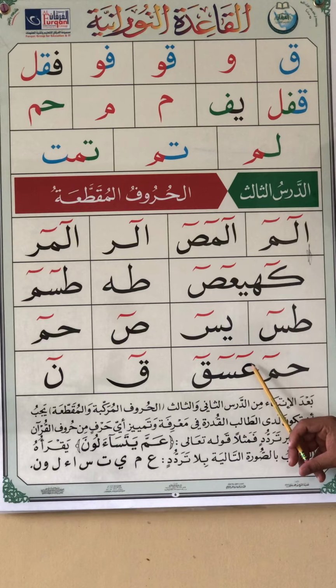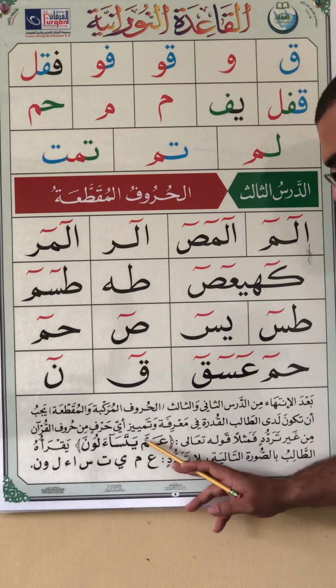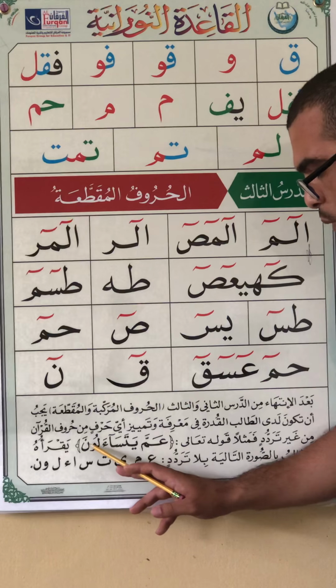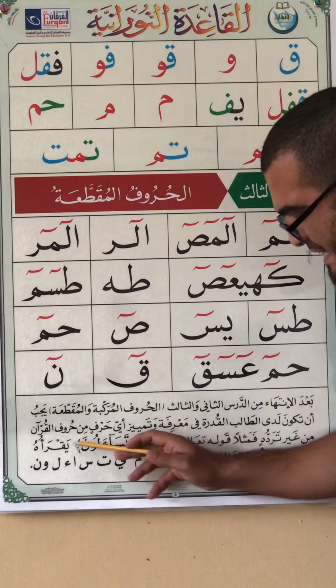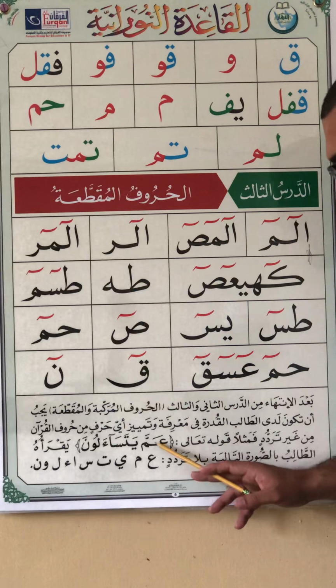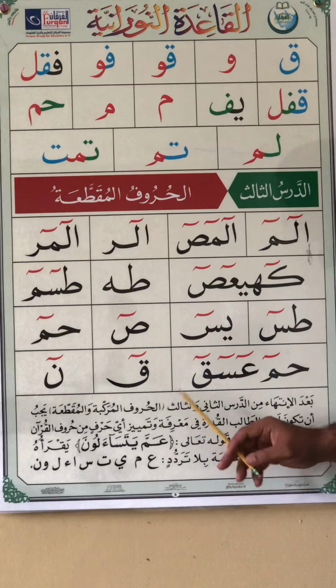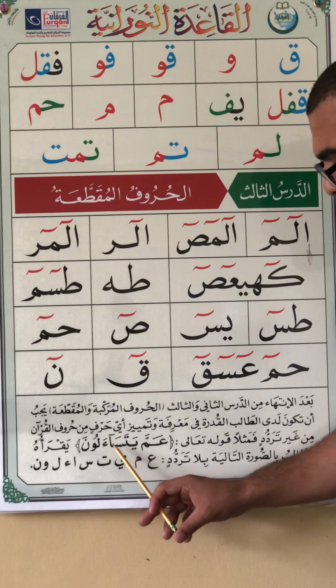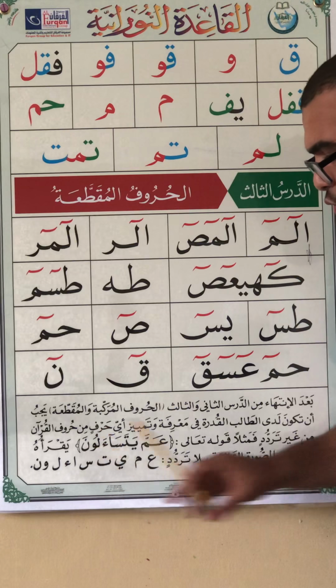He won't be hesitant when he sees this word or these two words. He can say ayn, mim, ya, ta, sin, alif, hamza, lam, waw, noon. So you can see this and tell which letters it has. It has ayn and mim as we said. The second word: ya, ta, sin, alif, hamza, lam, waw, noon.